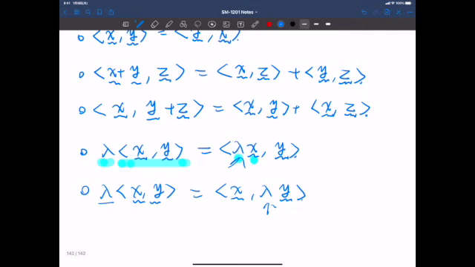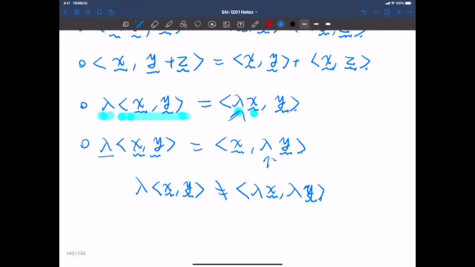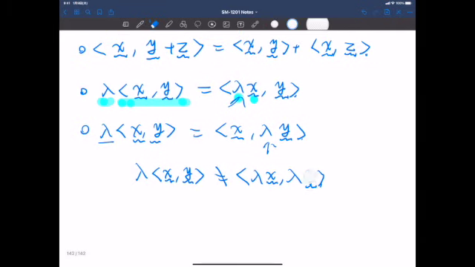So don't write like this. Lambda times x dot y is not lambda x dot lambda y. So this is wrong, and you should prove this.